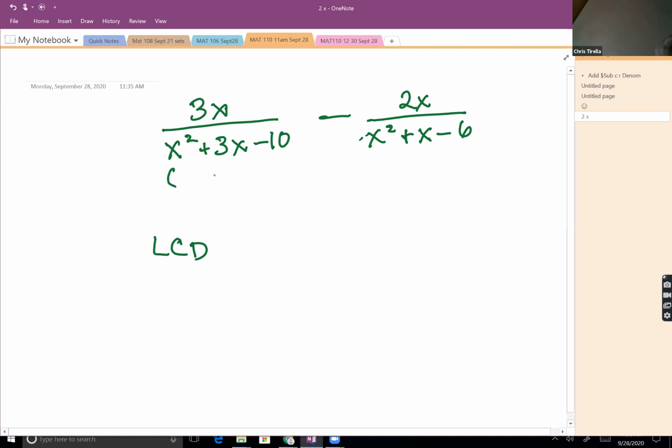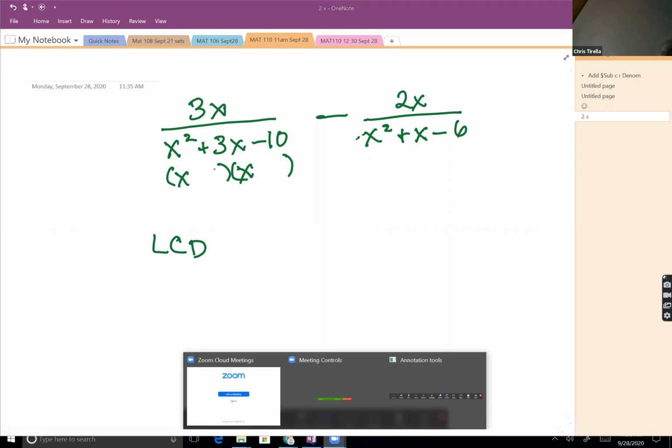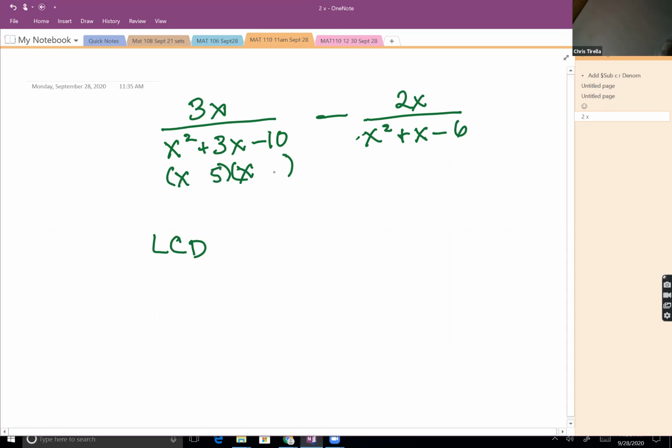So how does x squared plus 3x minus 10 factor? I'll do the hard part. X squared is x times x. What do you guys want to do with the 10? Ten would be 5 and 2.